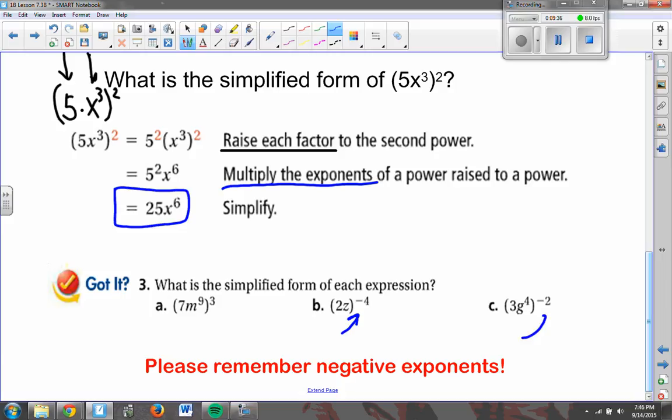Same thing over here with the negative 2 exponent. Okay? So take a look at A, B, and see if you have time. When you're a master of those 3 example problems, then flip to the next slide with me. We're going to look then at problem 4, how this is all going to come together. So pause the video, take a look at least 2 of those 3 got it questions, right here, and then come with me towards problem 4.